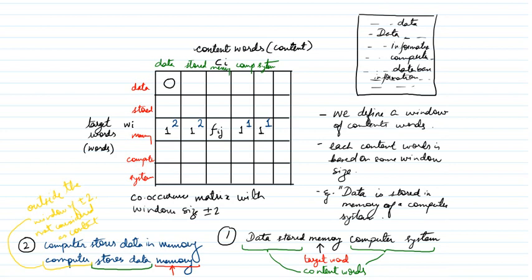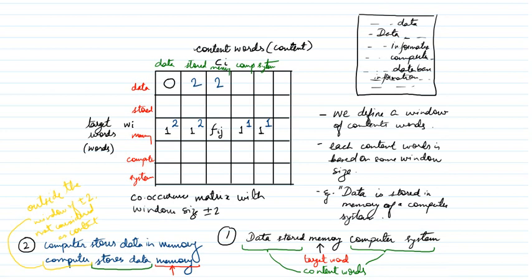Now let's see with other words. Data with data is 0, with data as the target word, right? Data is appearing with stored and memory, stored and memory. So stored and memory are 2 here, this is also 2 here, right?